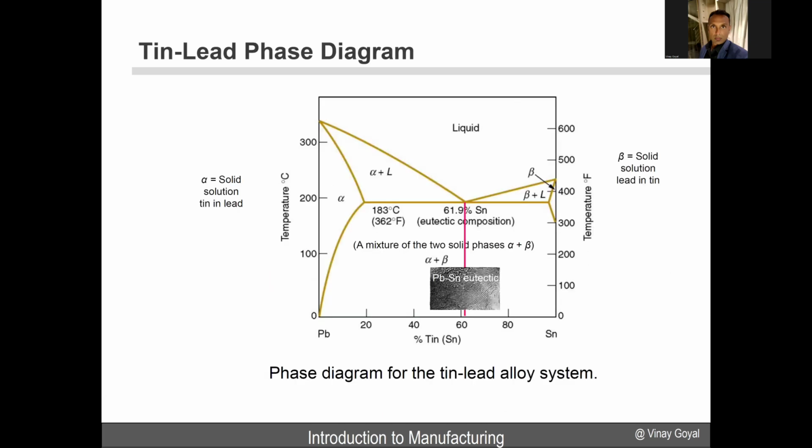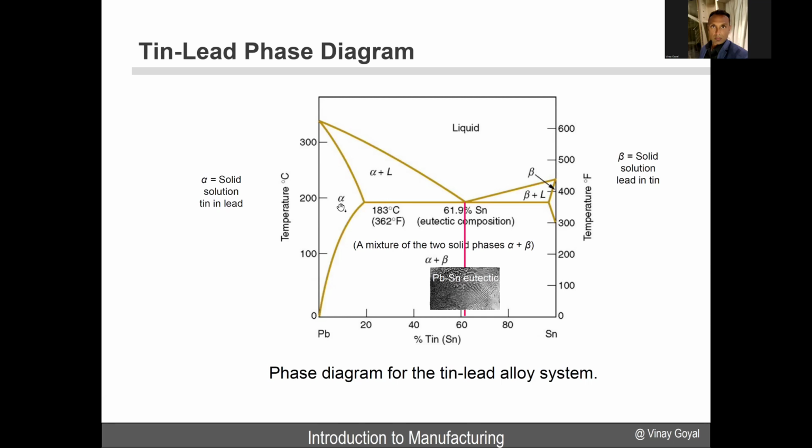I had shown this earlier, you can also look at the tin-lead phase diagram, and we discussed this already. Here in this zone, you have a dominated behavior of solid. Here you have primarily dominated by the lead system. And then on the beta here, you're dominated by a solid solution of lead in tin.